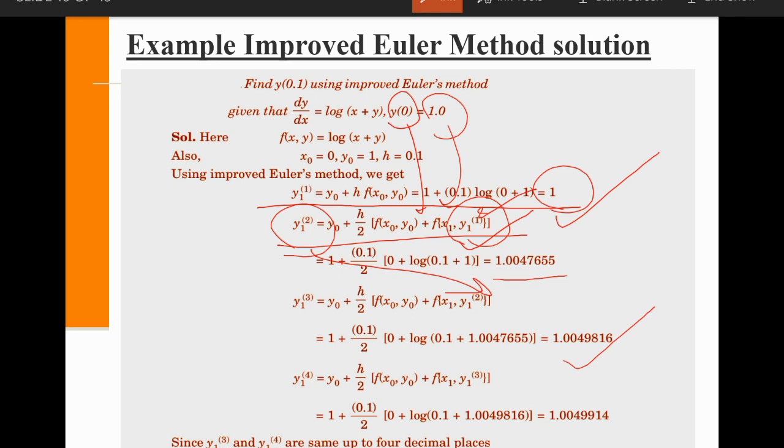Now you can see at the fourth level we get the value 1.049914, and in the previous step we calculated the value 1.049816. If you take 4 places of decimal, you can see the value is stable. So this is our result using Euler's improved method.